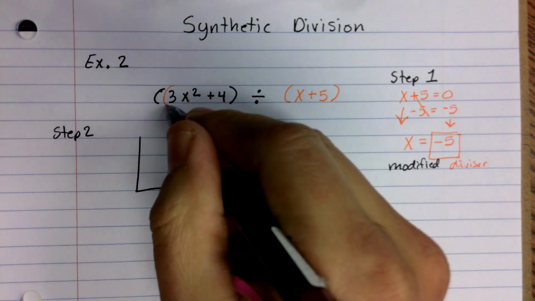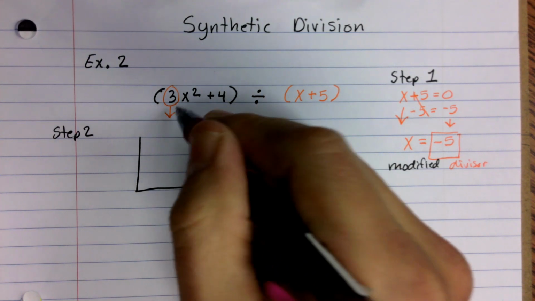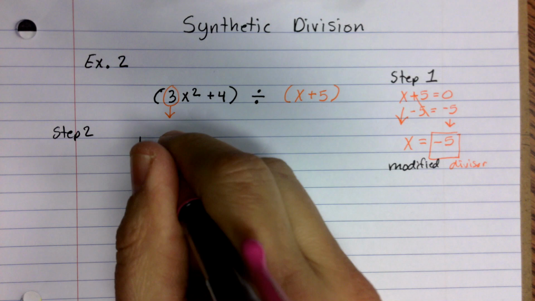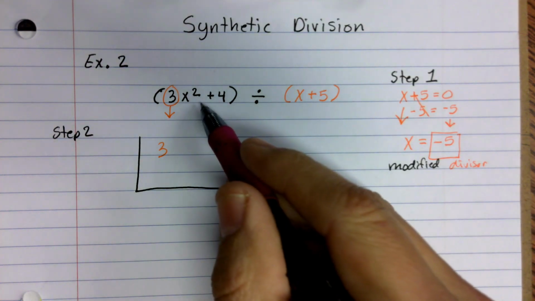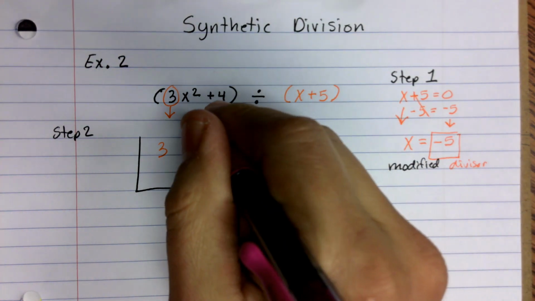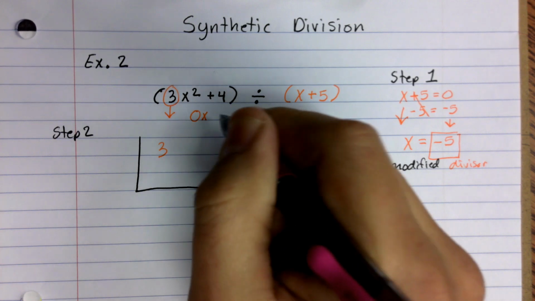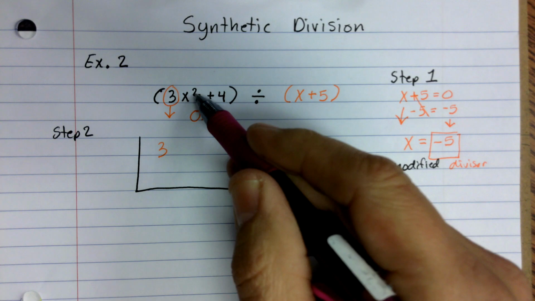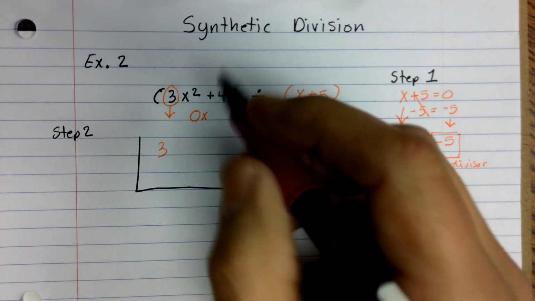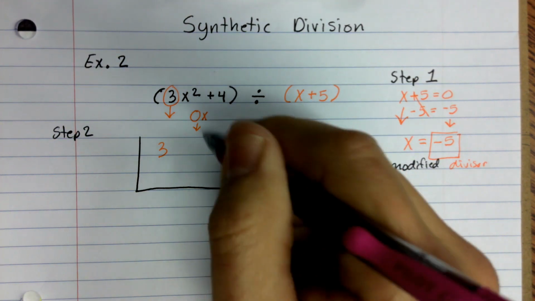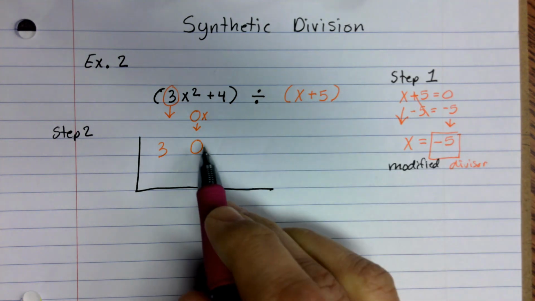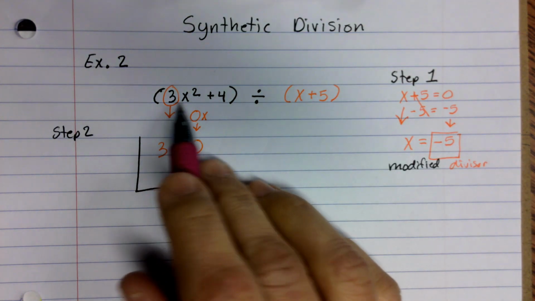So on this first term, my leading term, I have 3 for my coefficient. Notice there's no middle term. In other words, when I say middle term, I should have some number. I'm just going to put a 0, x, because this is x to the second power, so this would be x to the first. In place of it, because it's not there, I am going to put a 0, because you do have to have a value for each one.